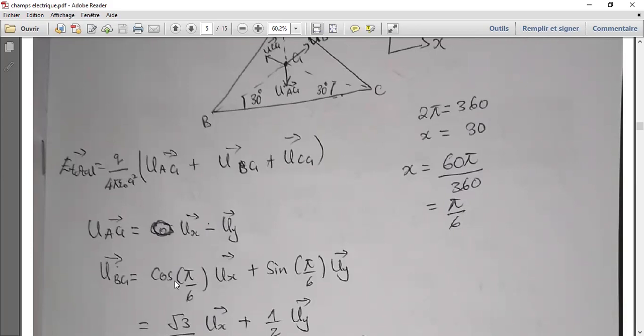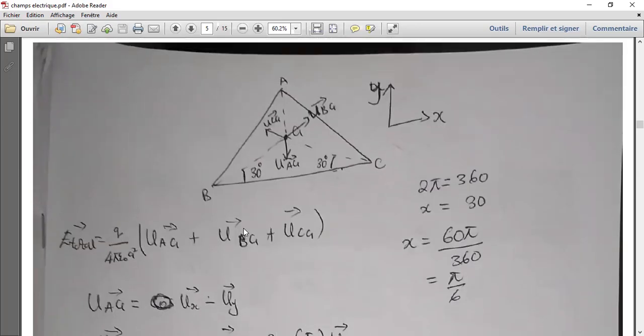Then in this angle, you just place the angle, which is 30 degrees, equal to pi over 6. Then you do your calculation to find your BG. You should also know that this is the line you are drawing here.